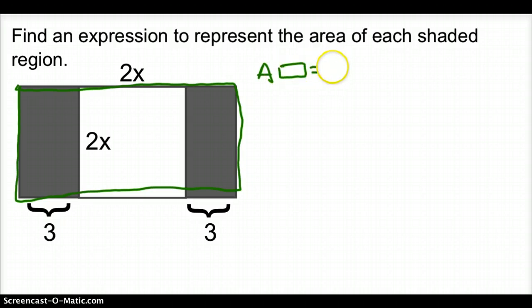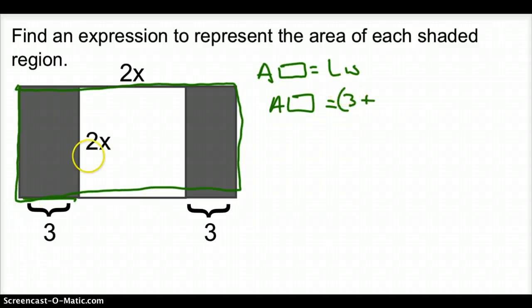Well, first of all, I know that my area is length times width. So the area of this rectangle, let's start with our length. Here we have 3, so I'm going to write down 3 plus what else? Well, how far is it from here to there? That is 2x, so it's plus 2x. And then here to here is 3, so it's plus 3. So that's my length so far.